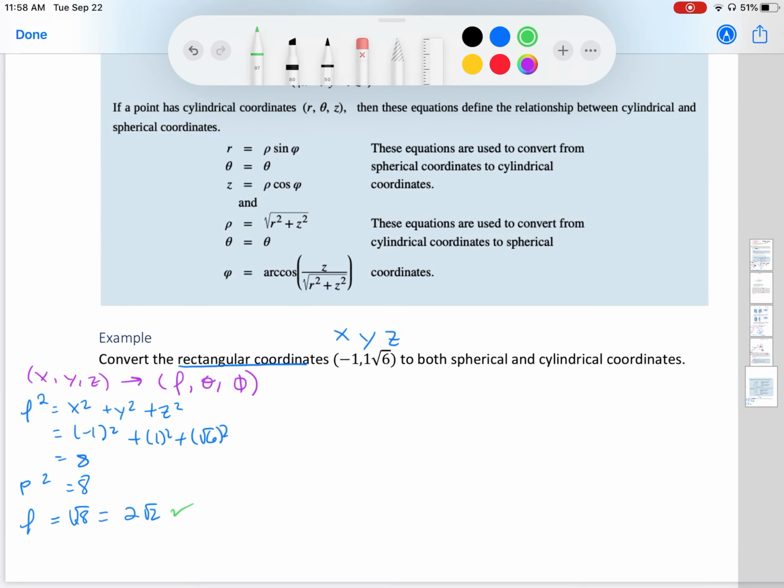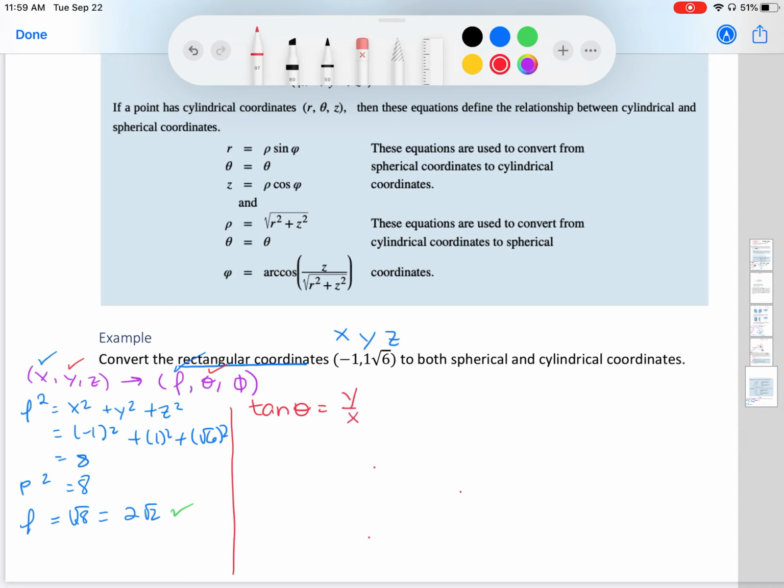Okay, now we want to find a theta. So we found x and rho. Now let's find y and theta. Okay, well, we know from the past, and also from above, that theta comes from tangent theta is equal to y over x.